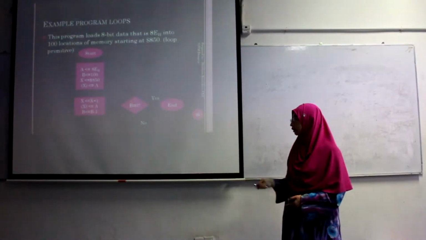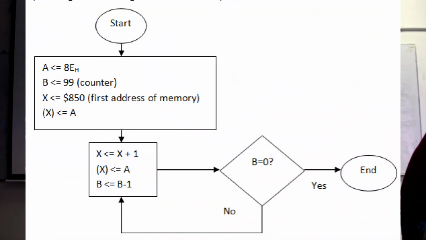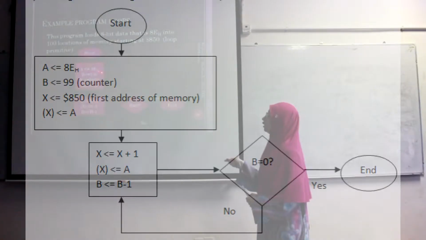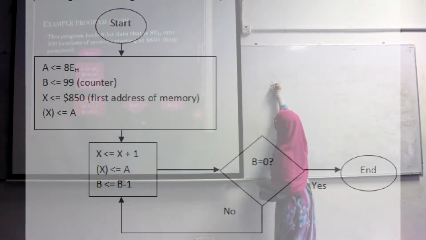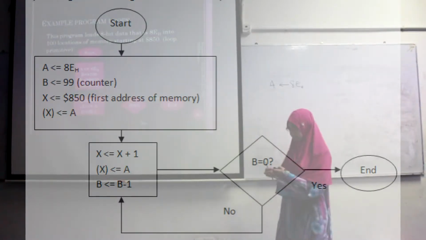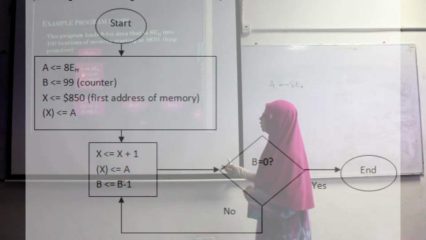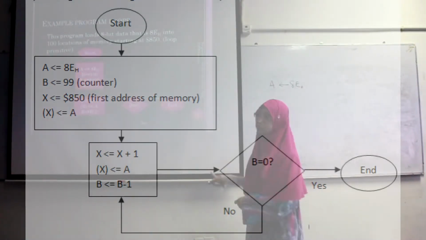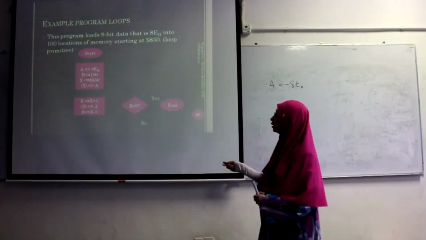So what we have to do is develop the flowchart first. We start, and then we put the data into accumulator A. After execute, A will have AE, and then we will use B as a counter. But I'm sorry, we have a correction here.